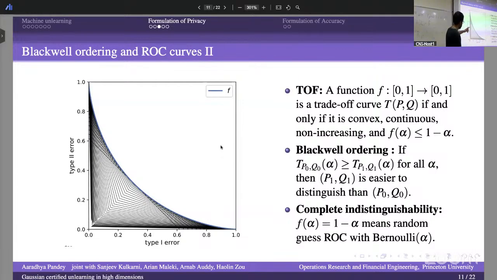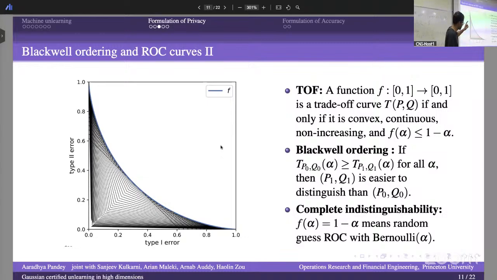Now there's a small cute fact, which is not going to be relevant for us, but let me state it anyway. This is definitely not our work, but it has been proved in previous works. We have these two probability measures P and Q. Let us vary them: we take all possible Ps, all possible Qs, and look at T of P, Q. Instead of one function, you look at a class of functions.